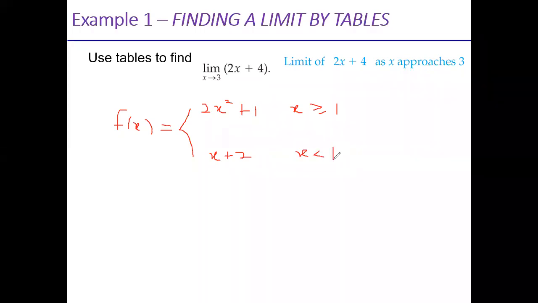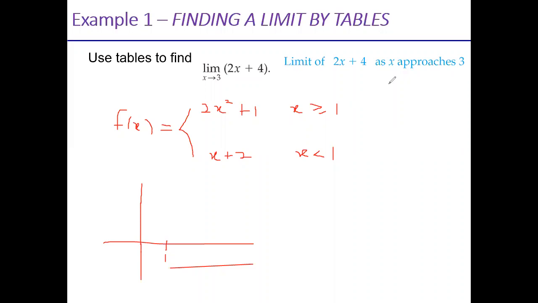So what do we mean? What we mean is, like we saw from our graphs in class, okay, that at the point, say 1, when x is greater than 1, for the first domain here, x greater than 1 means the values of x on the right hand, okay, good.